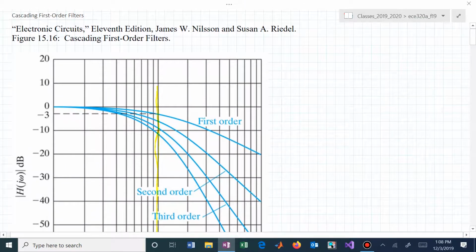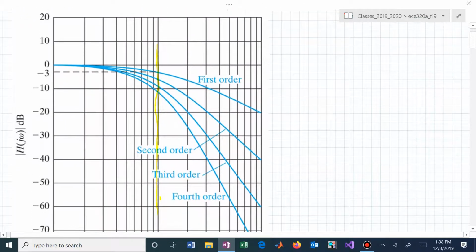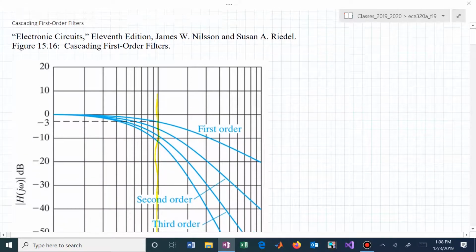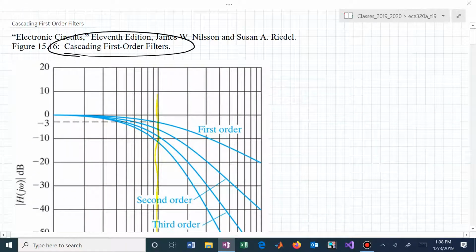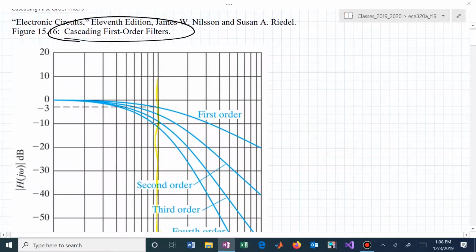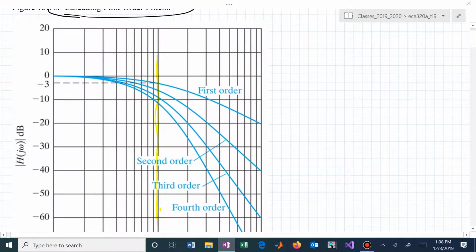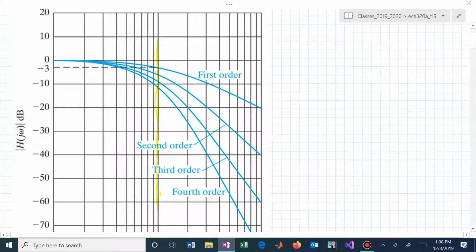Here's figure 15.16 for cascaded first order filters. This is not Butterworth. This is if you simply said, you know what, I really like that 1 over s plus 1. Let me just keep packing those together. You pack a second one in. That'll give you the second order line. You pack another one. That gives you the third order line.